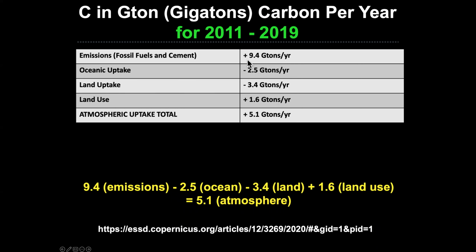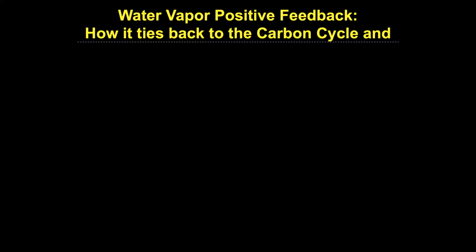So when you add all these numbers, you get this number. Here's the equation: 9.4 emissions minus 2.5 ocean minus 3.4 land plus 1.6 equals this overall positive number. And remember, positive forcing, warming. That's the key takeaway there.